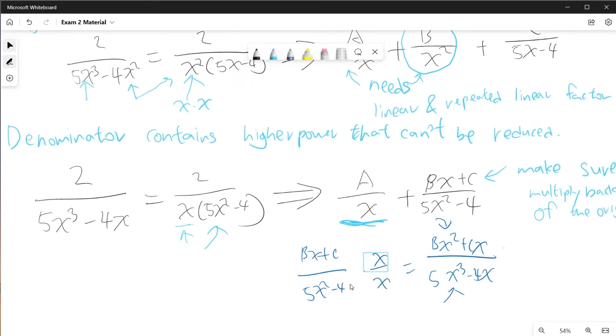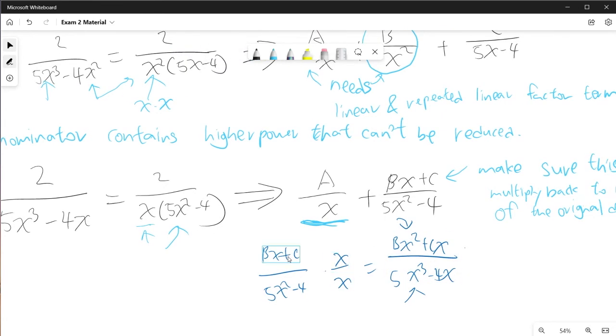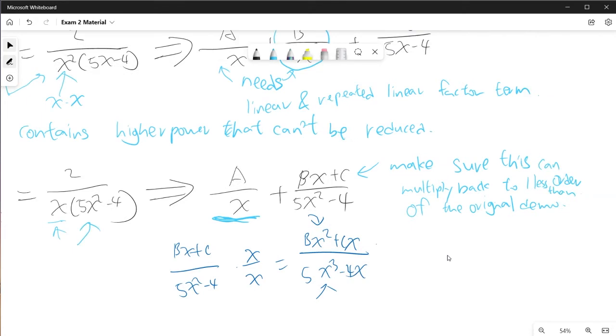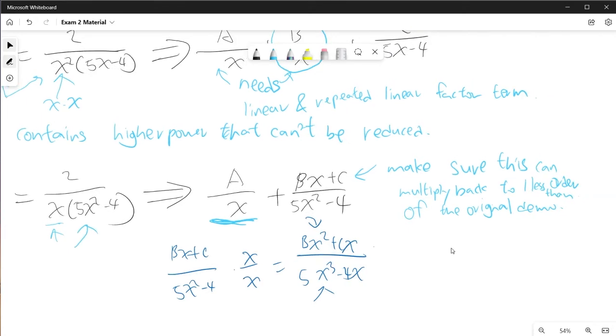And then here's a little expansion that I would do when you get back to the common denominator. So you can get a highest term of one less. How I explain it is one less than the original denominator. So notice here I have bx squared, which is one less than the common denominator that I'm going for, which is x cubed.